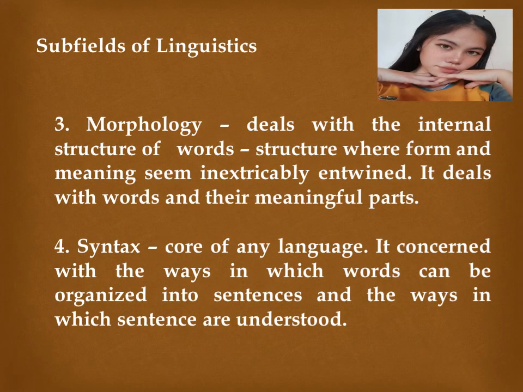The third one here is morphology. Morphology deals with the internal structure of words, not their structure in terms of the sounds that make them up, but their structure where form and meaning seem inextricably entwined.